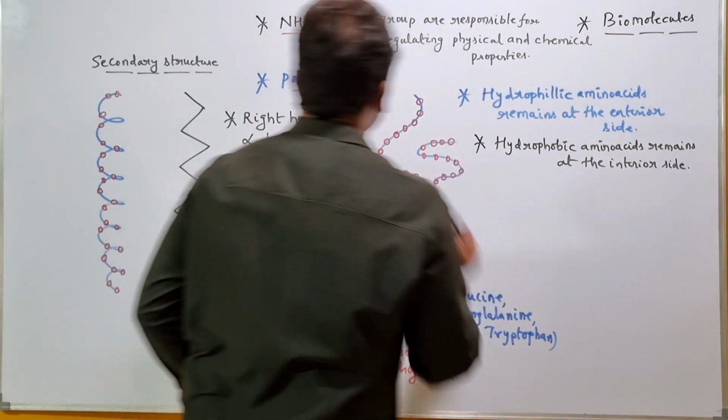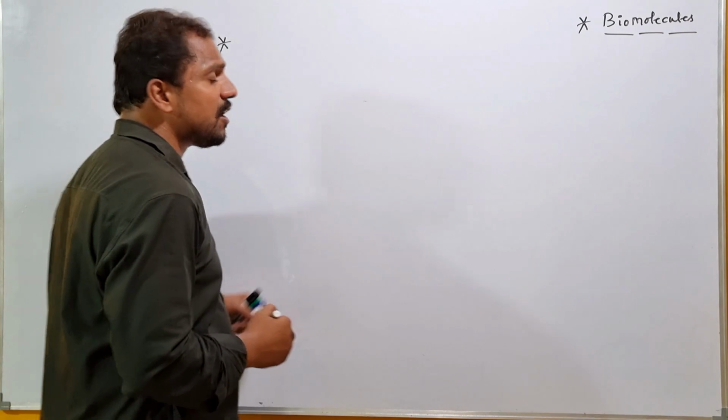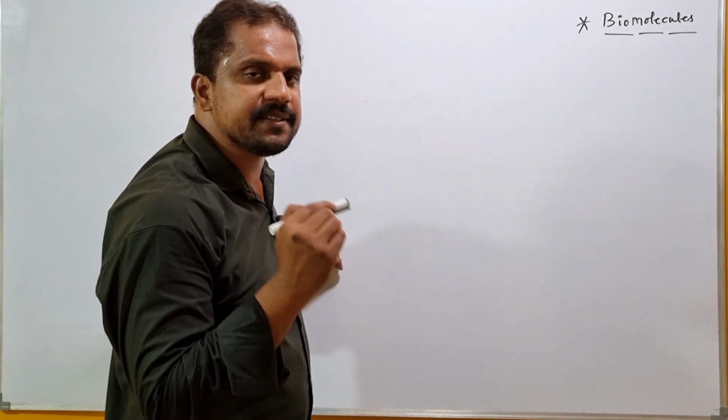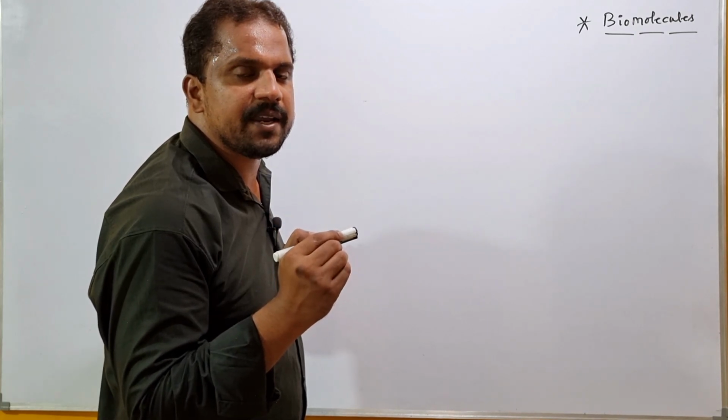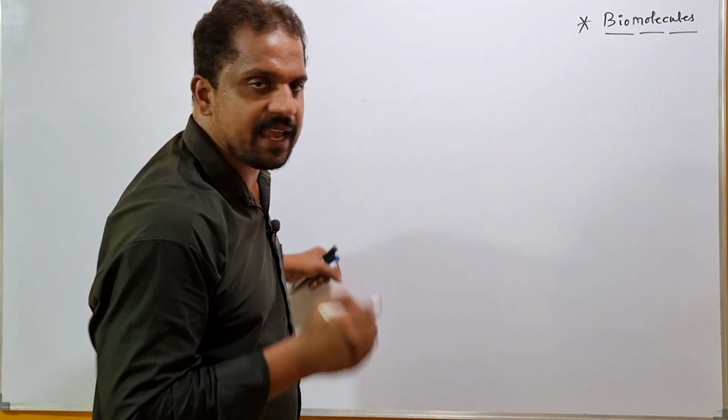So let me arrange the things here. As I have already mentioned, if a specific amino acid has more than one carboxyl group, then it is termed as what? Acidic amino acid.